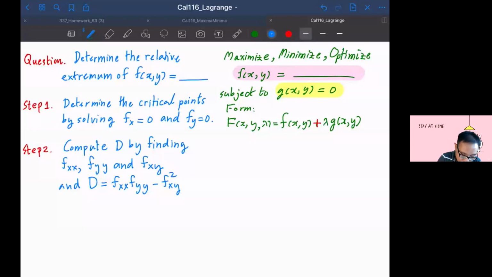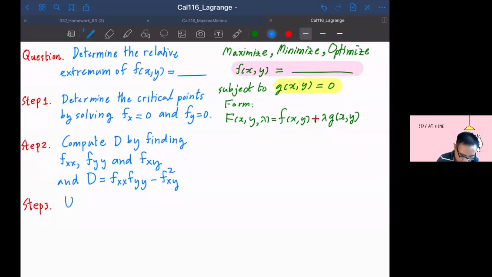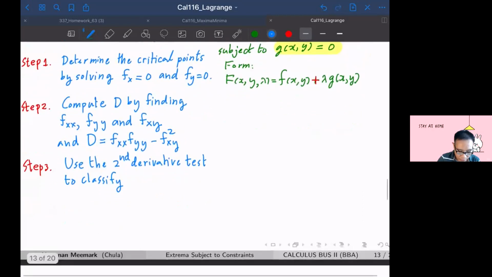And in the third step, you're gonna use the second derivative test to classify the critical points from step 1.